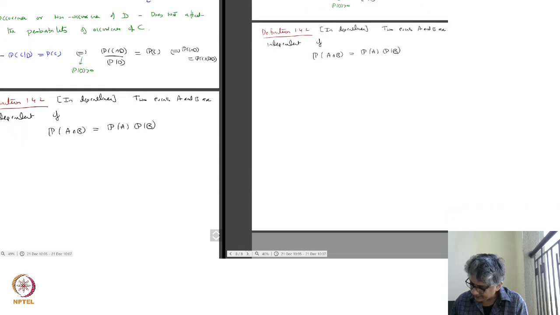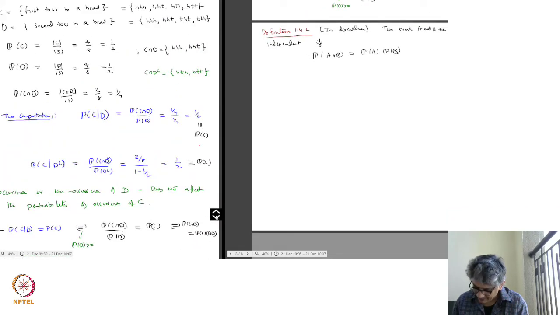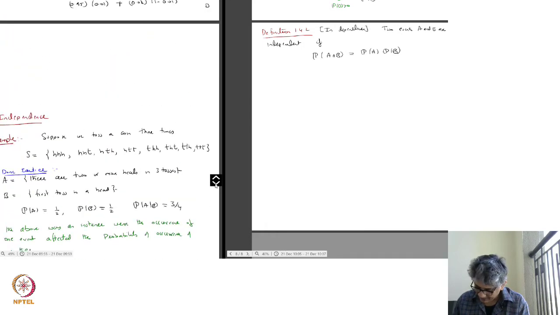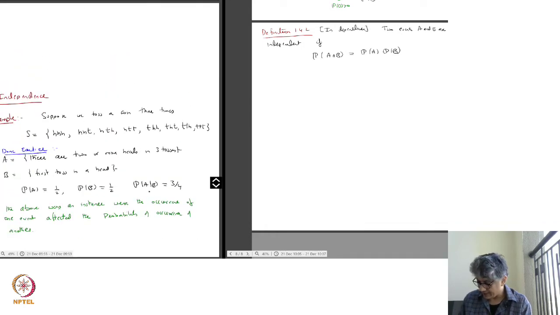Here I showed you that C and D were independent, but A and B were not independent: probability of A and B was not equal to probability of A times probability of B. So you think of two events as independent if the conditional probabilities are the same as the original probabilities. That's why you call them independent.